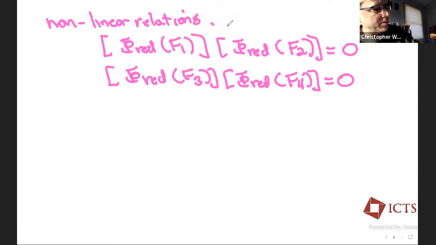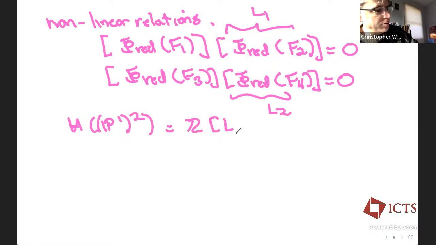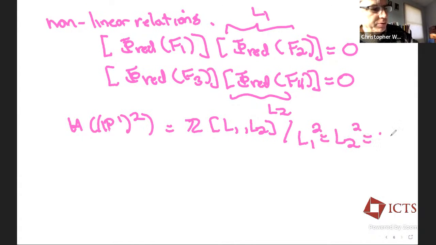So if I call this class L1 and this class L2, then I get a description of P1 squared as having two generators with the relation L1 squared and L2 squared are both 0. Of course, that's what I expect from the Künneth formula.